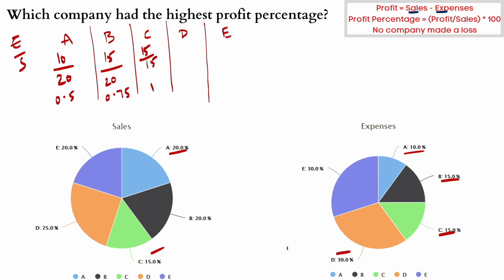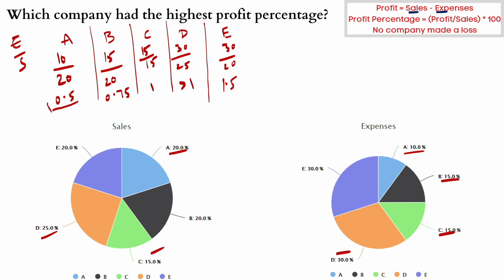Now D, it's 30 and 25. So 30 by 25, and for E it's 30 by 20. So 30 by 25 is greater than 1, right? And 30 by 20 is 1.5. Okay, so if we observe the values of E by S, what is the least value here? What is the minimum value?